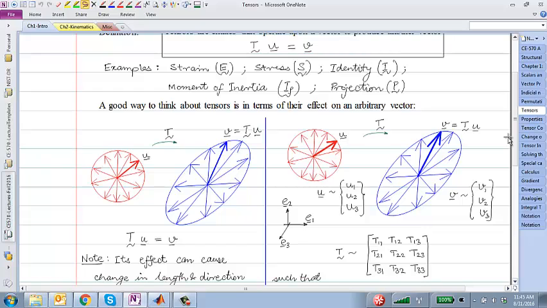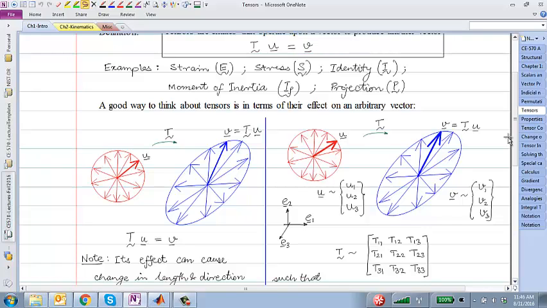Stress is a tensor, and if you look at stress at a particular point, what it does is it takes a unit direction vector, it acts upon the unit direction vector, and it gives you traction. It gives you force divided by unit area. In the same way, a general tensor will take one space of vectors to another space of vectors.